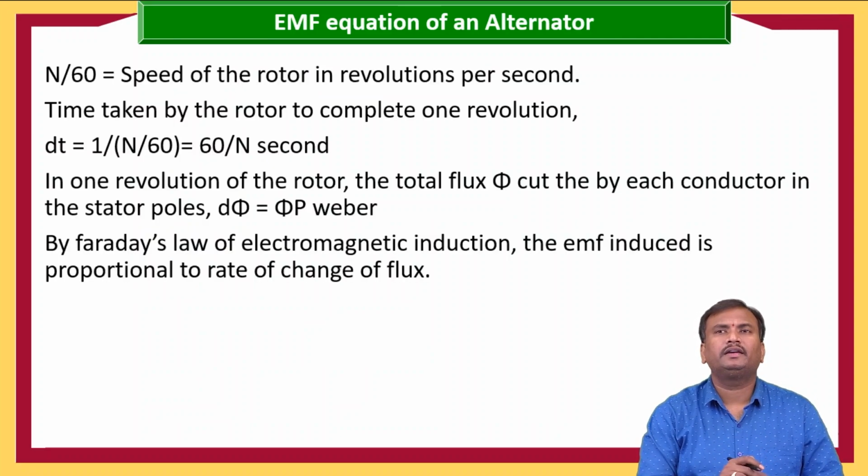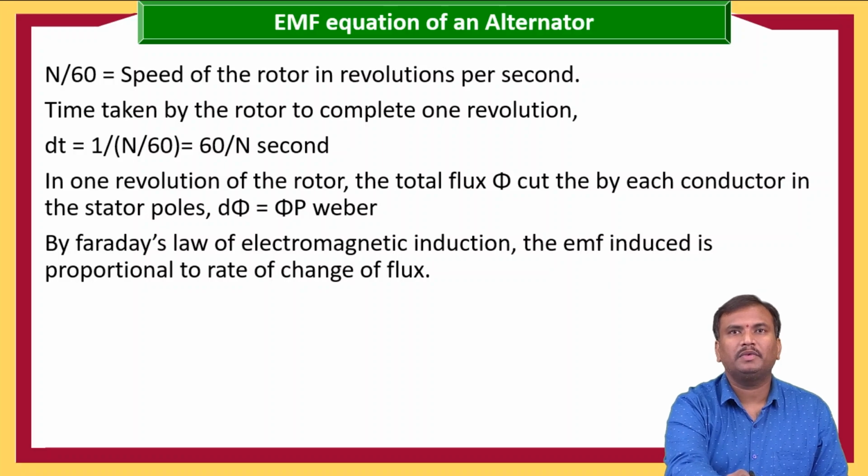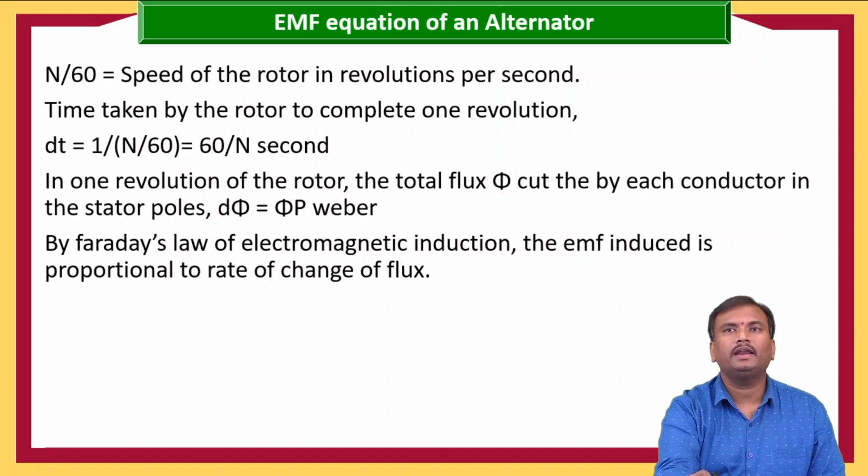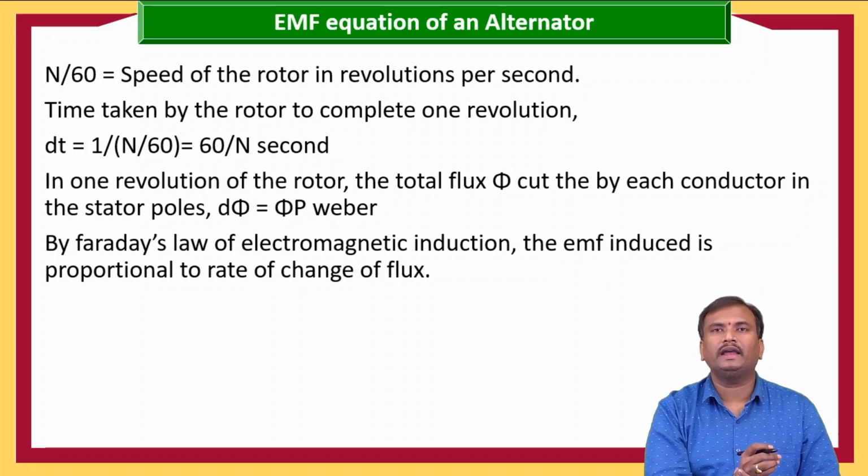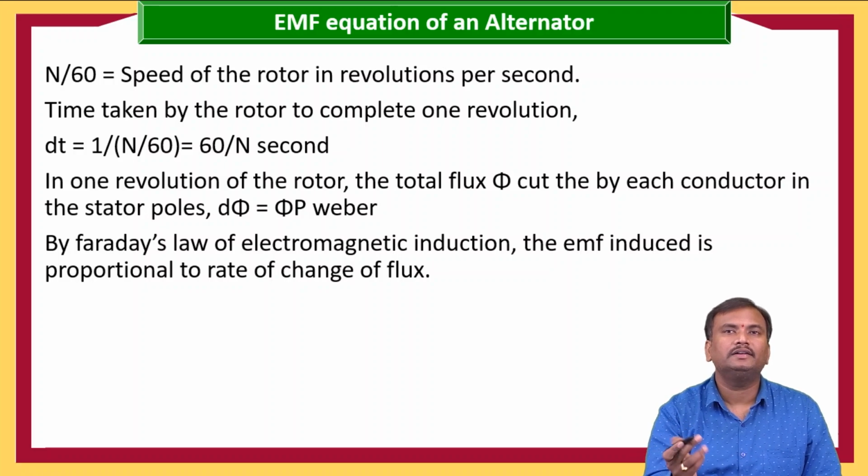And if we take for one revolution, this N by 60 is nothing but speed of the rotor in revolutions per second. N is the speed of the rotor in revolutions per minute. N by 60 is the speed of the rotor in revolutions per second.